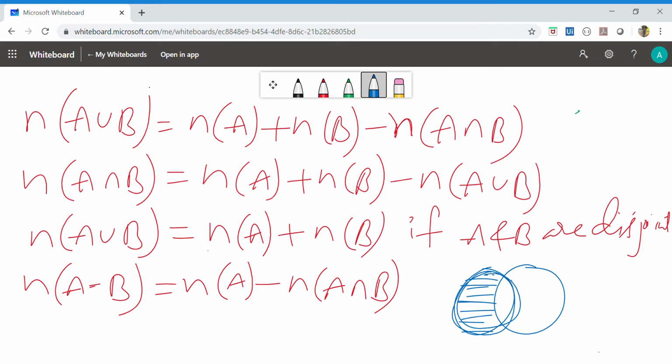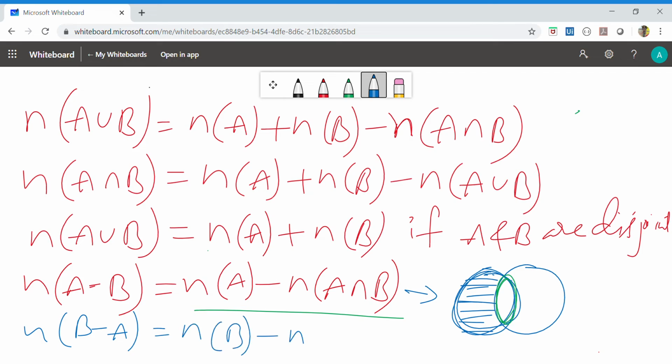From that, what are you removing? A intersection B you are removing. So you get n of A minus n of A intersection B. Then n of B minus A is n of B minus n of A intersection B.